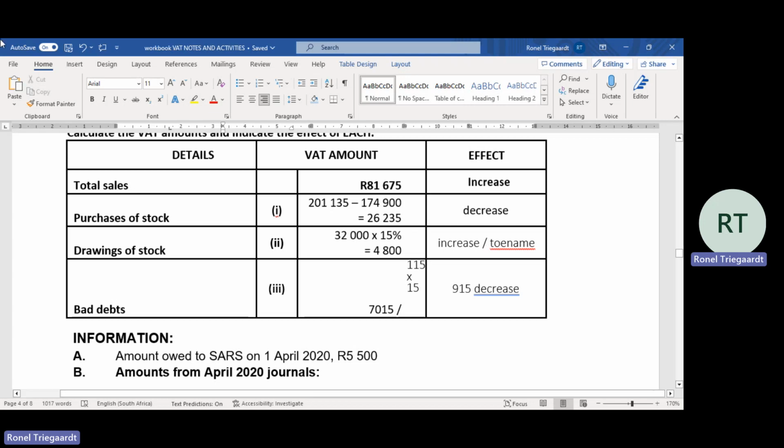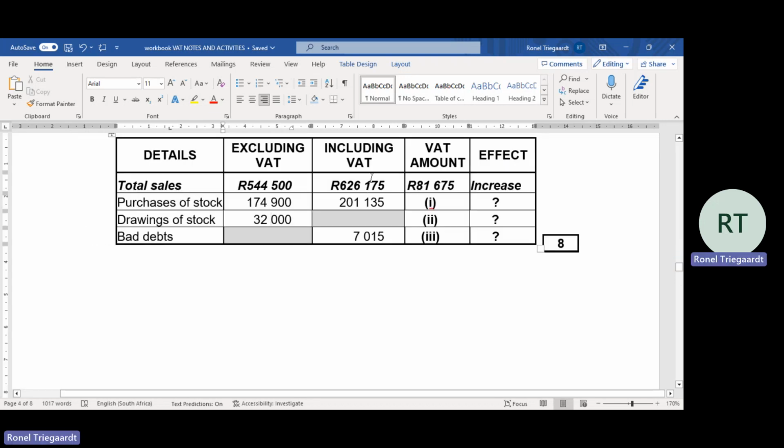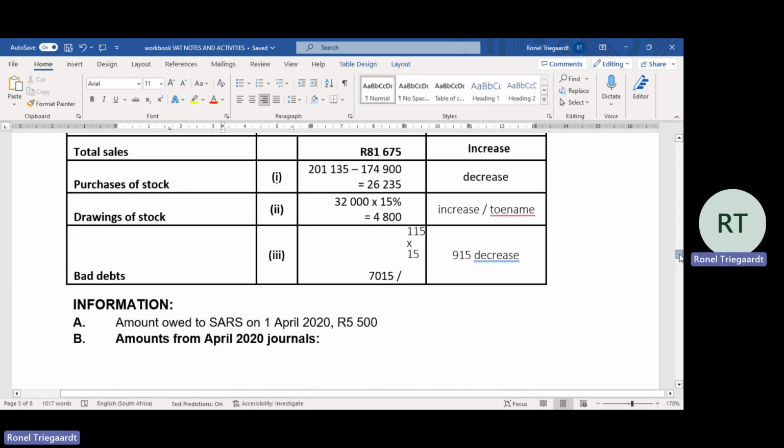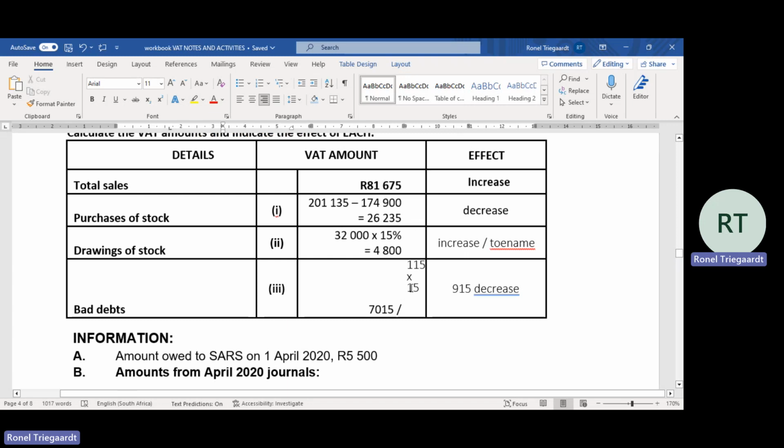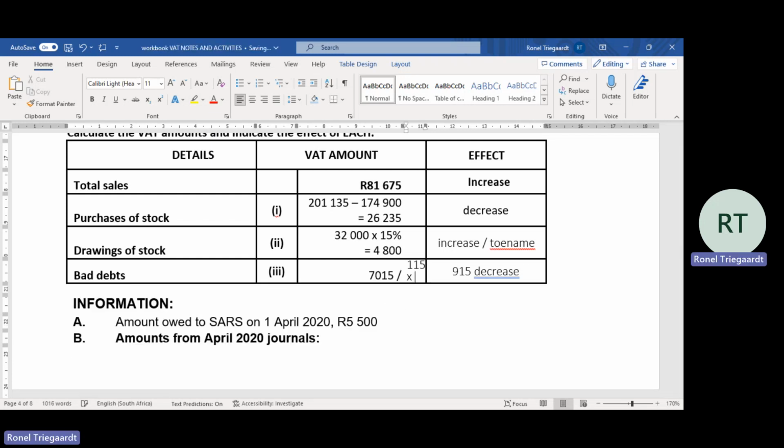En dan die laaste enetjie, oninbare skulde. That was the amount including the VAT for bad debts. So you first had to calculate, divide by 115 and then times 15.